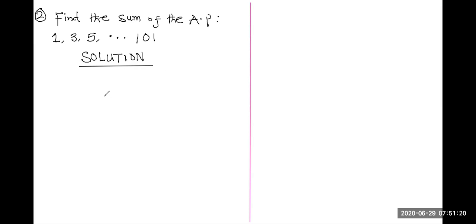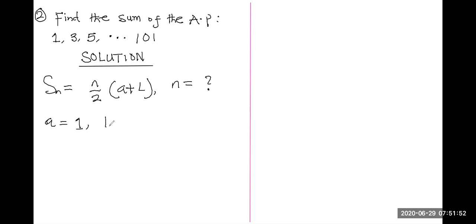What we'll now do is use Sn equals n over 2 into (a + l). The number of terms is unknown, so we need to find that. What's our a? Our a is 1, and our l, the last term, is 101. Since we don't know the number of terms, our last term Tn equals 101.